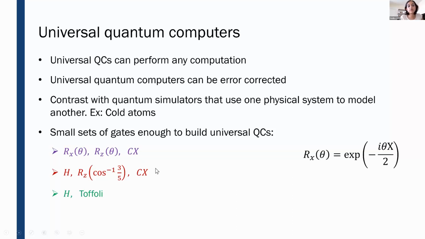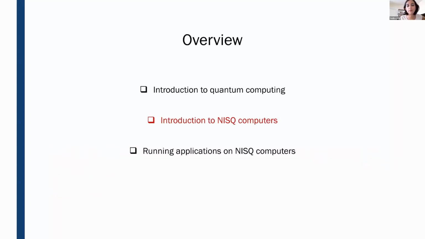And also if you just had a Hadamard gate and a Toffoli gate, which is a controlled-NOT gate, that's another example of a universal gate set. So this is the end of a quick overview of quantum computers. Are there any questions before I move on?